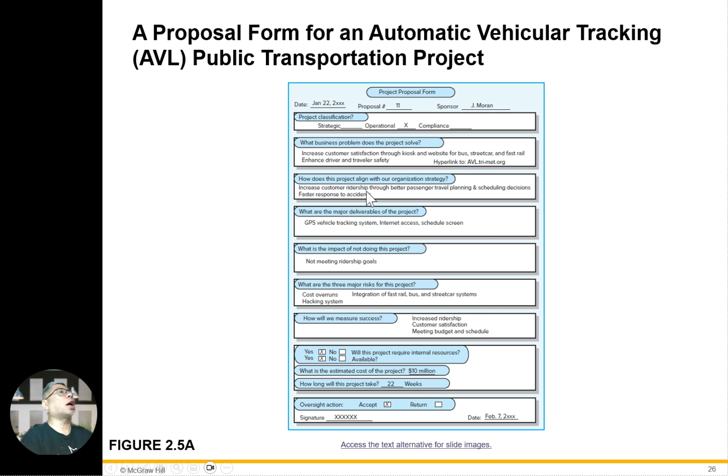In terms of strategy alignment, increase customer ridership. Deliverable is a GPS tracking system. What is the impact of not meeting the ridership goals? What are the three major risks of this project? Cost overrun, hacking of the system, and integration with rail. How do we measure success? Increased ridership, customer satisfaction, meeting budget and schedule.